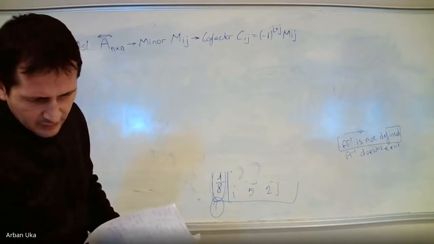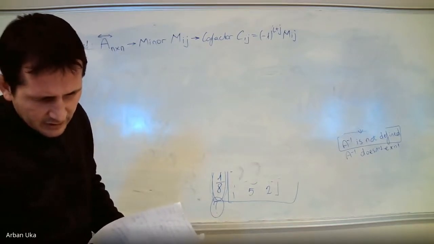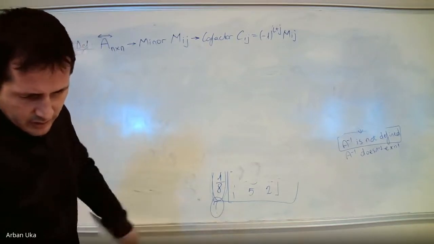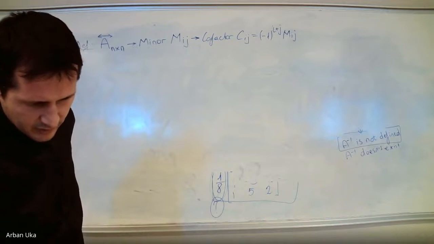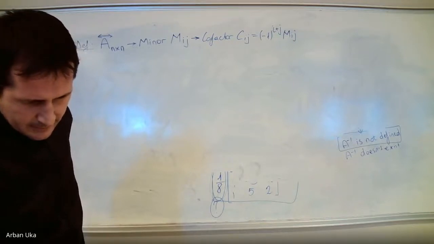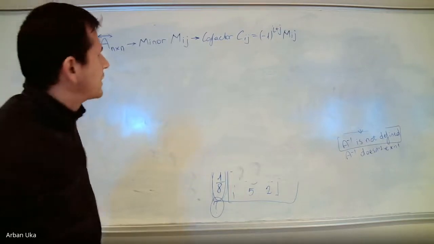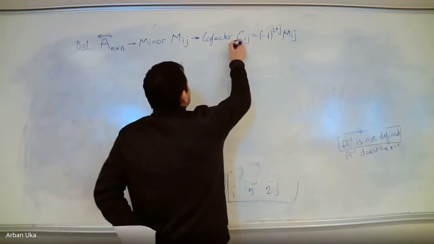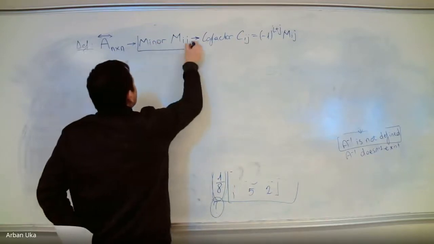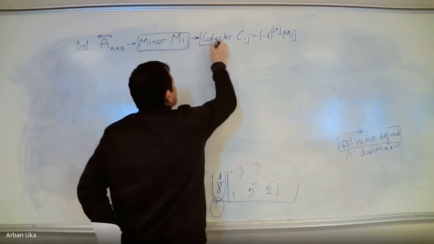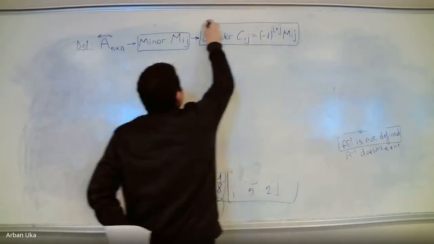Then, after the cofactor, we can define the adjoint. Okay, so after the cofactor, we have this quantity.